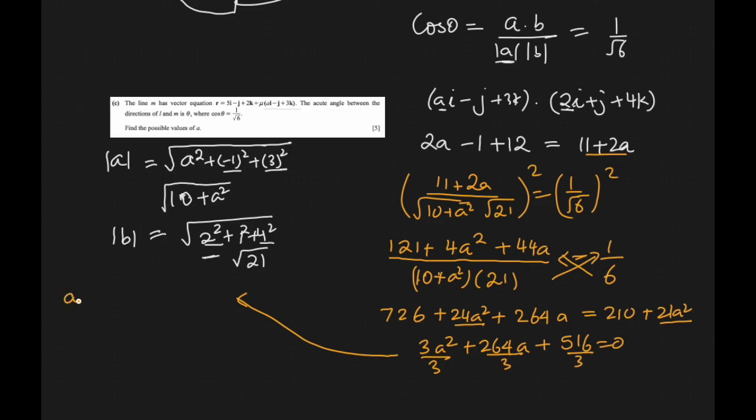So it will become a squared plus 88a, and then 172 equal to 0. Use your calculator or splitting the middle term. I'm straight away writing the factors here, which are a plus 2 and a plus 86. So this gives us a equal to minus 2, and this gives us a equal to minus 86.